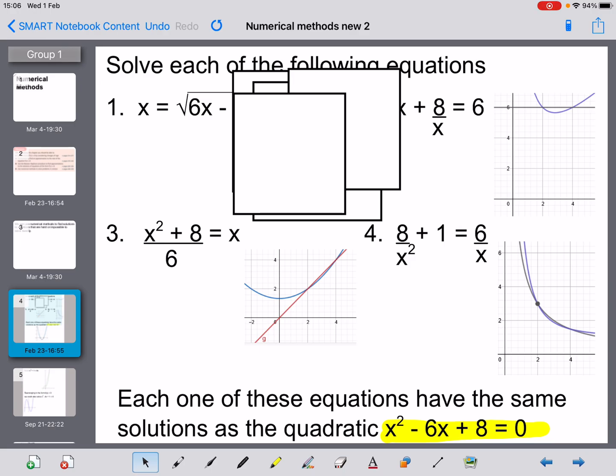If we take an equation and we can rearrange it so it's in the form of f of x equals 0, and we can figure out where that graph is crossing the x-axis, then we can in effect solve that equation. And the processes that we're going to learn are ways in which we can do that without using normal algebraic conventions.